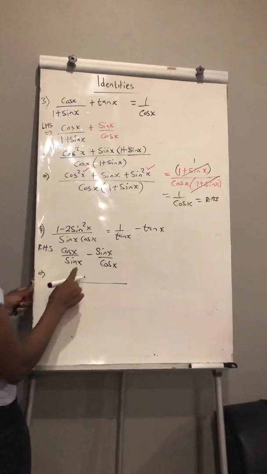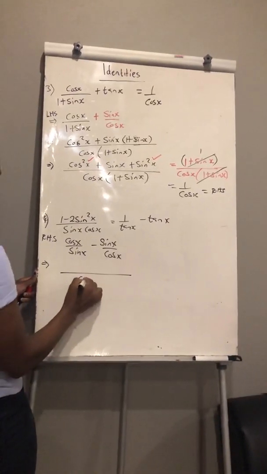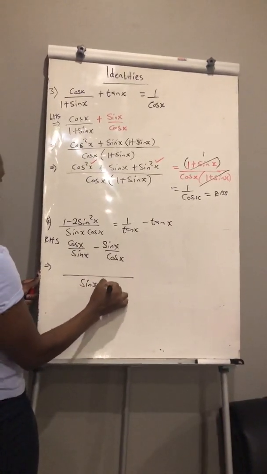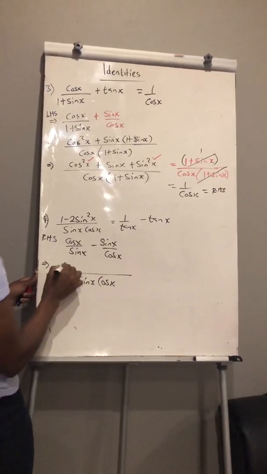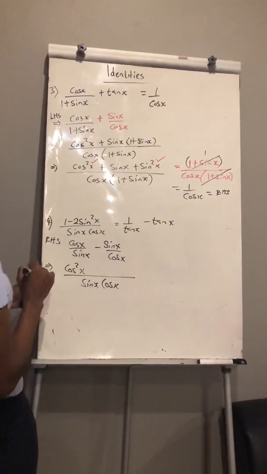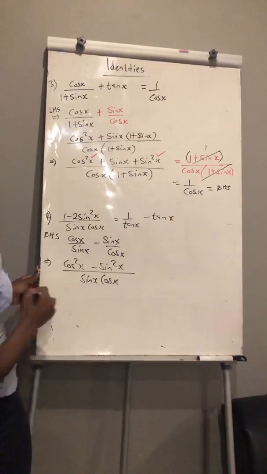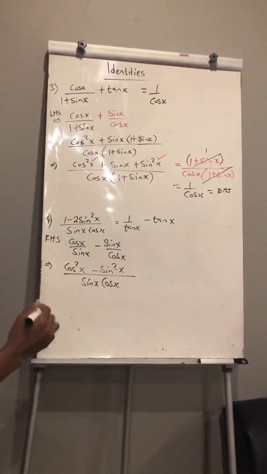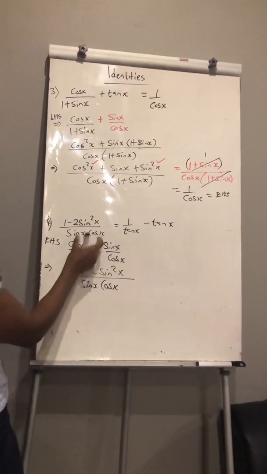Taking it under one denominator, so if ever you multiply these two, if you take it as it is like this, then you don't stress about the numerator, you just multiply. So as you can see, it will be cos squared x, and from what I'm noticing, it will be minus sine squared x.